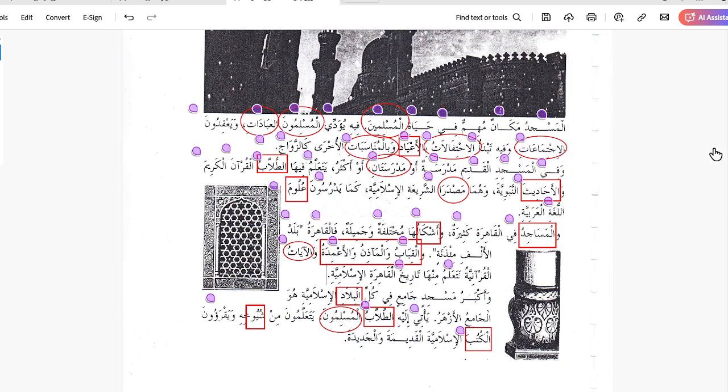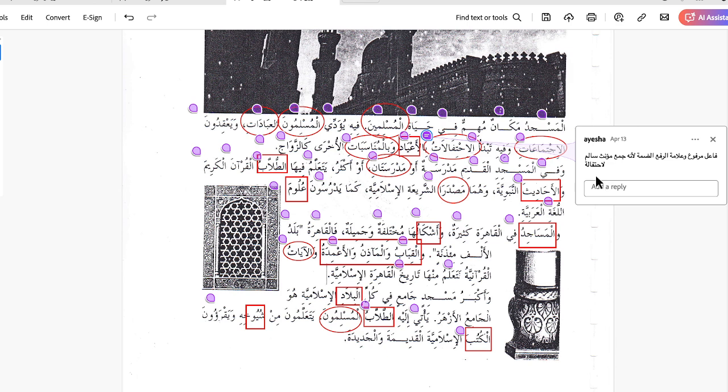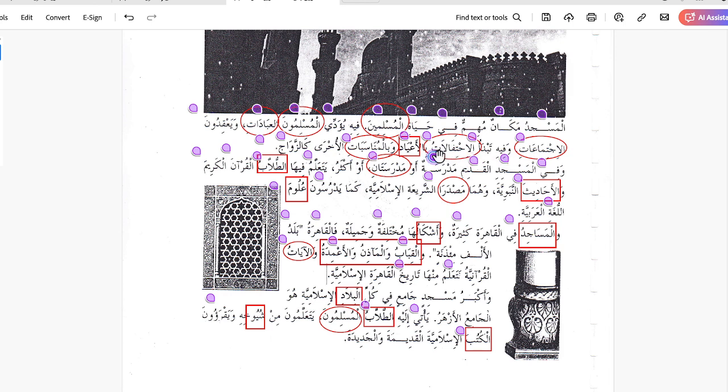This is not a noun, this is a verb. Tubda'u al-ihtifalatu: this is the fa'il here. That is why it is coming in the rafa form, and for a rafa feminine word we add alif ta, atu. So atu is added here with ihtifalatun, because this is rafa. The celebration is the fa'il, they begin.